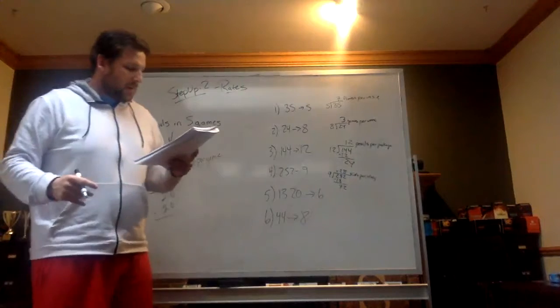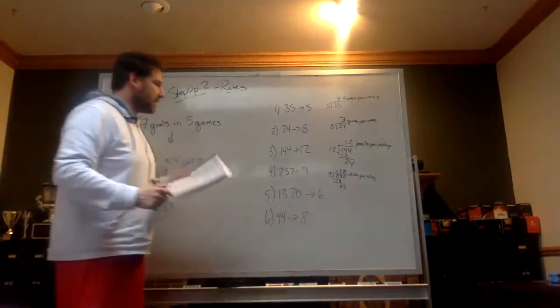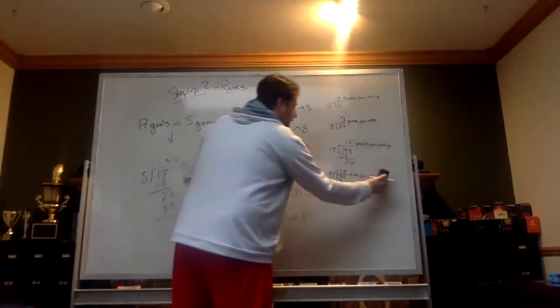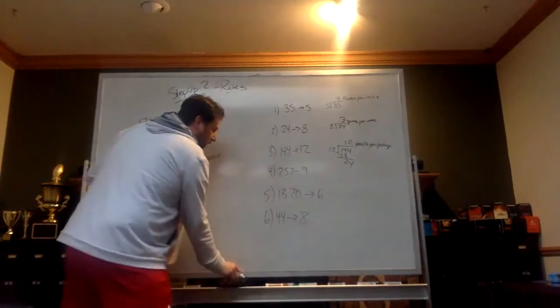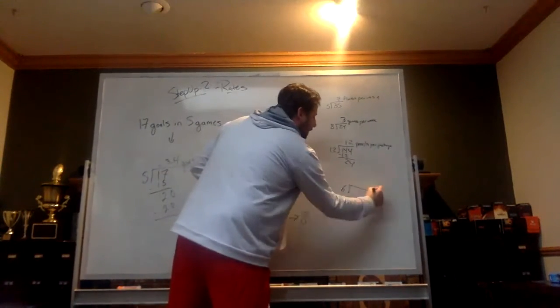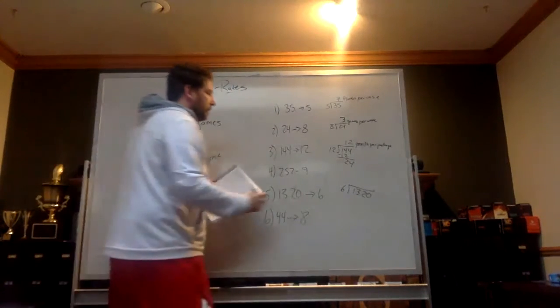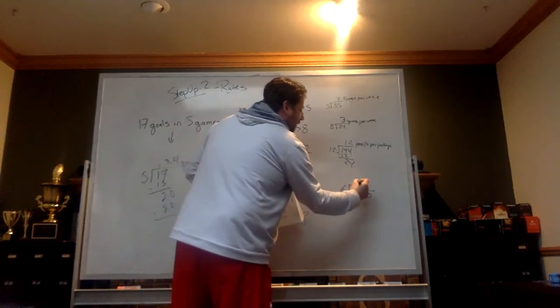Number 5, we have $13.20 for 6 pounds. Let's say we bought 6 pounds of gummy worms or something like that. Let's figure out how much it is per pound. So 6 into 13.20. 6 can't go into 1, but 6 goes into 13 2 times.